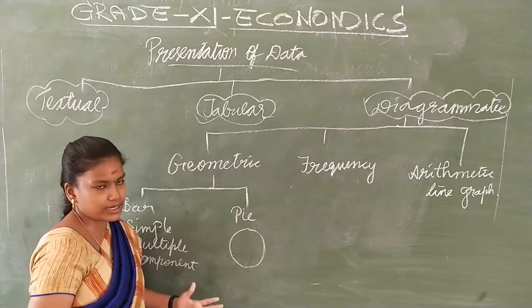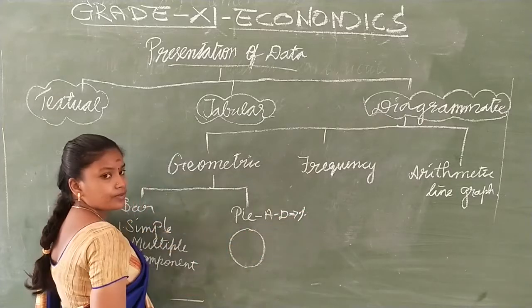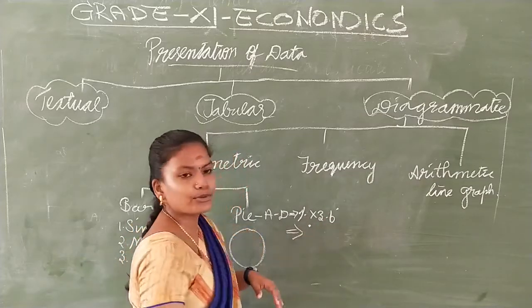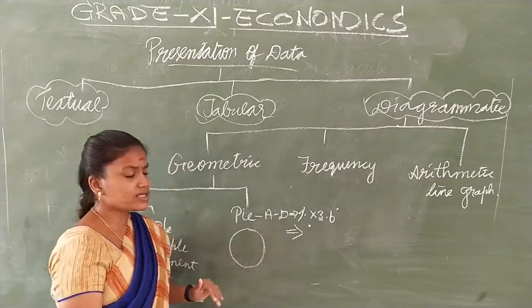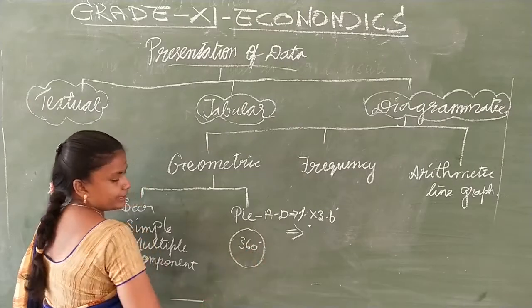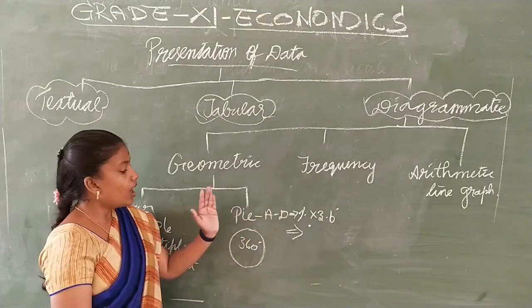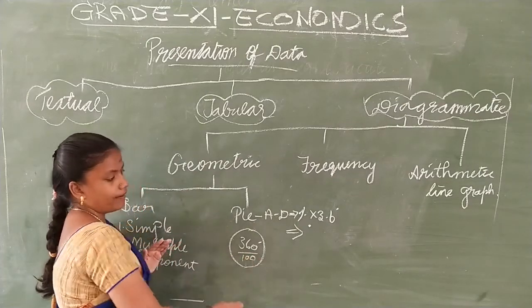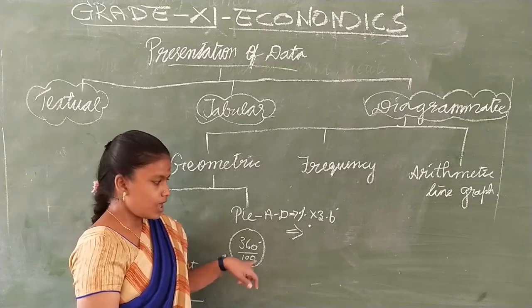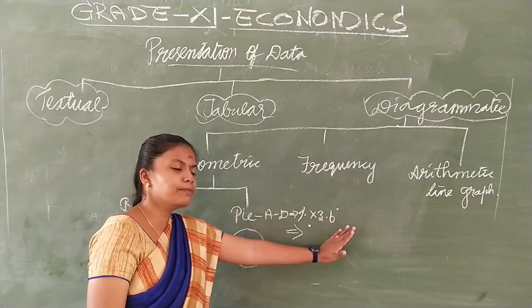You cannot mark the actual data here. That is multiplied by 3.6 degrees.